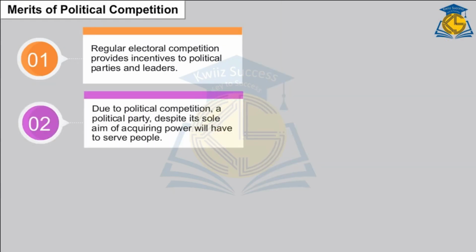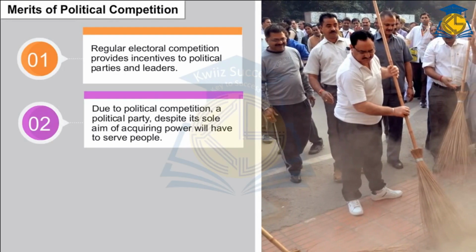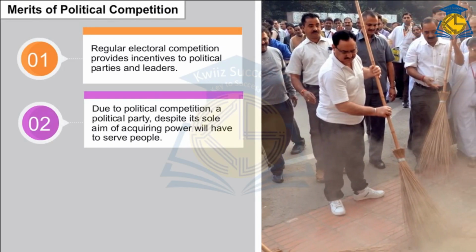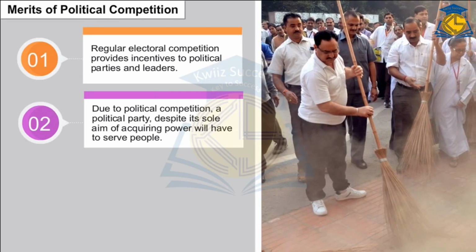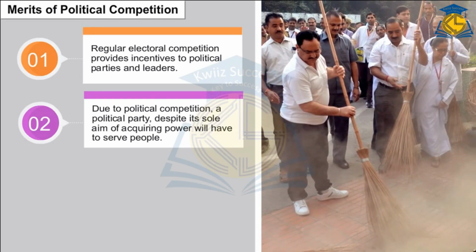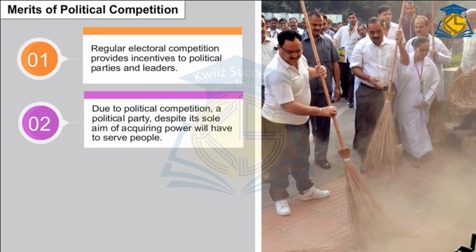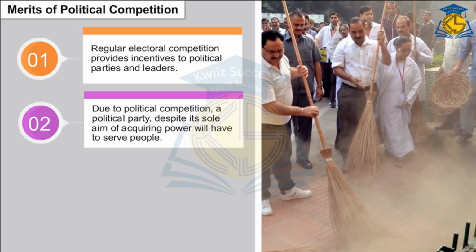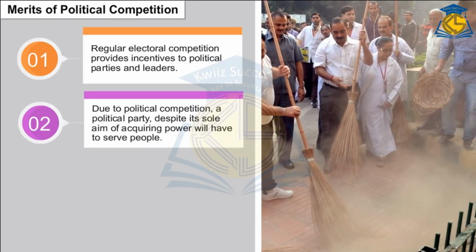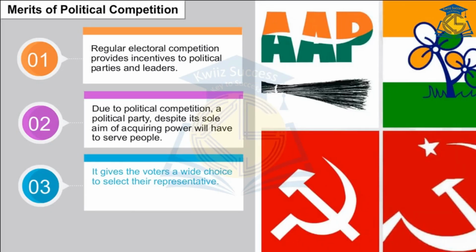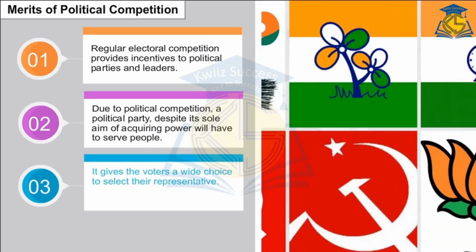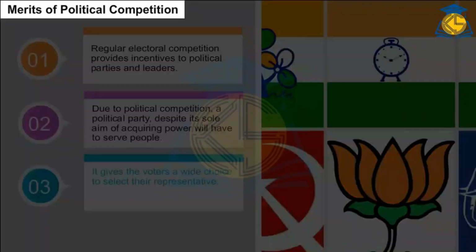Due to political competition, a political party, despite its sole aim of acquiring power, will have to serve people. Failing to do so might not earn them victory in the next elections. It gives the voters a wide choice to select their representative.